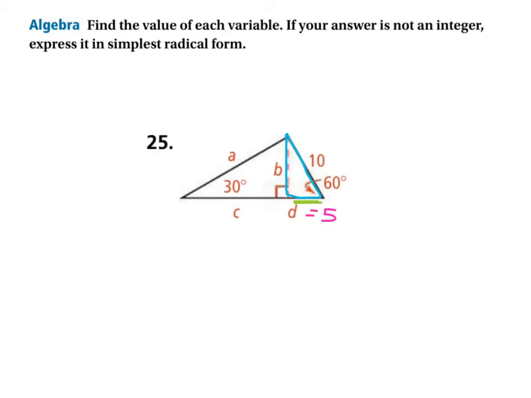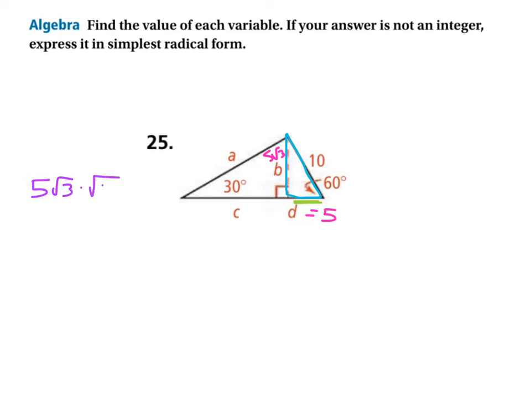Okay? Then the long leg of the 30, 60, 90 is going to be the short leg times root 3. So B is going to be equal to 5 root 3. That's B right there. Okay? So if the short leg is 5 root 3 and the long leg is the length of the short leg times the square root of 3, then what we've got is the short leg, 5 root 3, times root 3, because that's what we always do with the short leg.